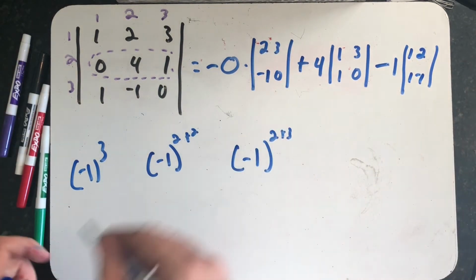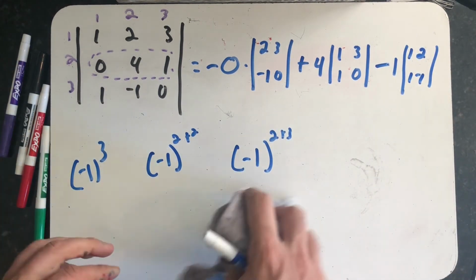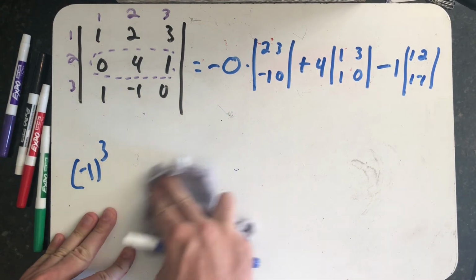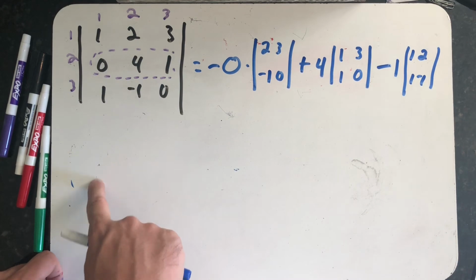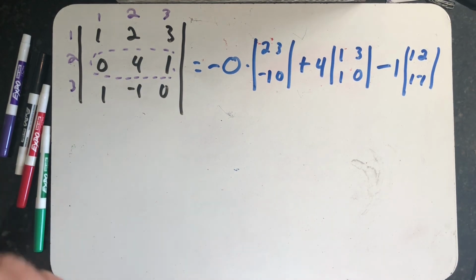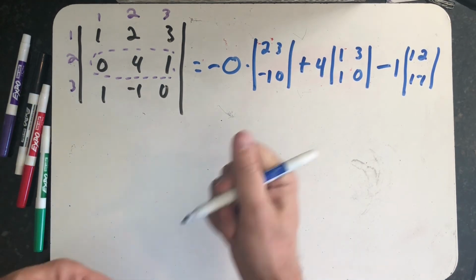All right, well, this first part is super boring. 0 times anything is 0. And this is why sometimes when you're taking determinants, it might be nice to be able to expand over a different row or column. If something has a bunch of zeros in it, you want to use it.